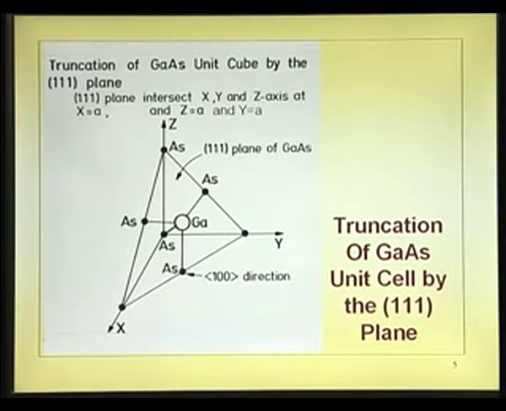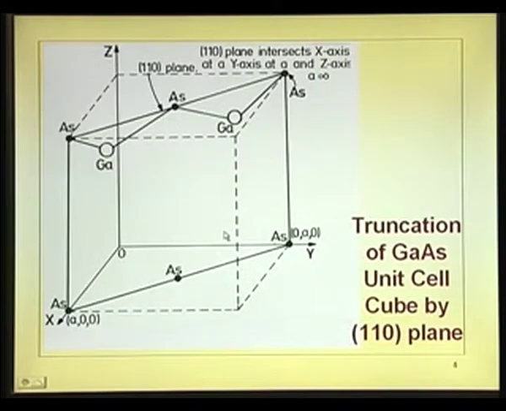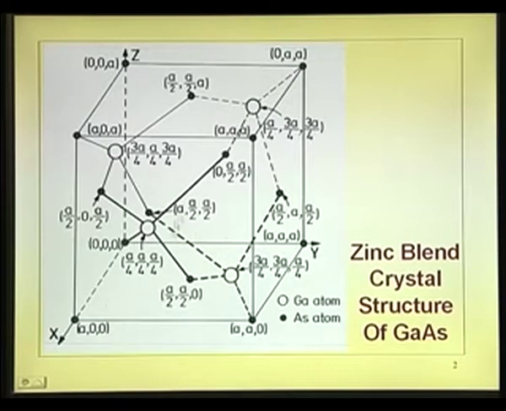What is the atomic arrangement? If you see, this is that plane. Okay. Now, what we would like to see is, go back to this original diagram. See, the 1, 1, 1 plane is drawn from there along this diagonal here.